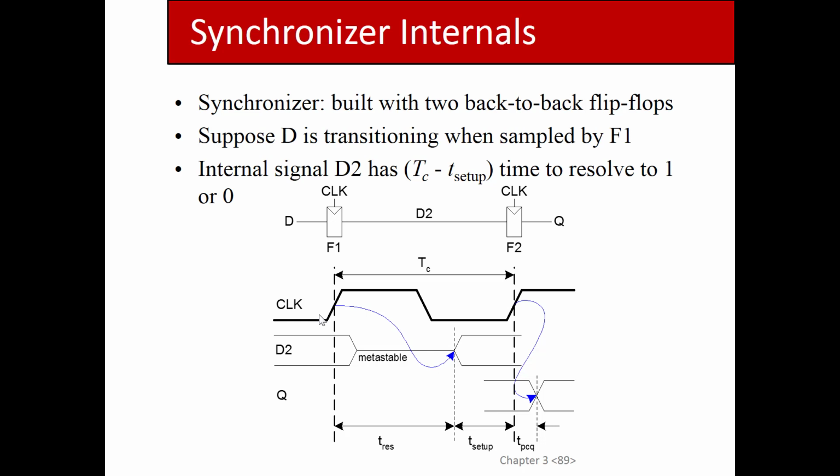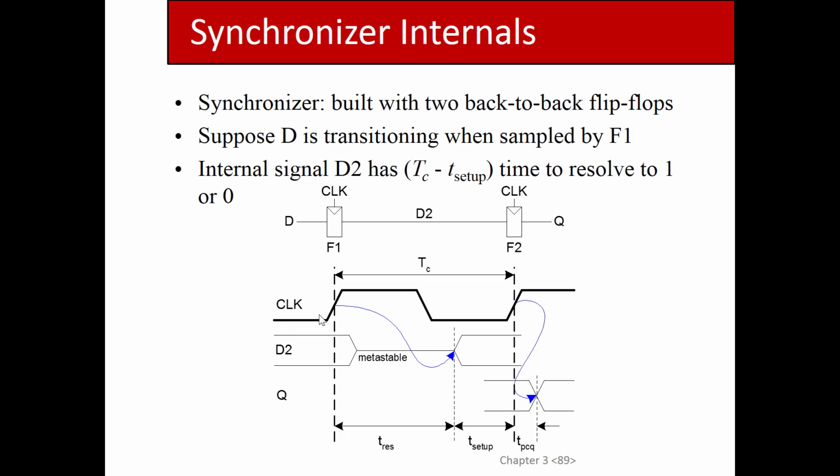If you get a clock edge and this D2, the output, this internal signal, becomes metastable, it's okay, as long as it comes out of being metastable by the setup time for F2, right? So this guy is metastable for this amount of time. As long as it comes out, which it is likely to do, before the setup time before the next clock edge, then this guy will not be metastable, right? So we're essentially sacrificing this flip-flop and hoping to get a clean signal on this second flip-flop.